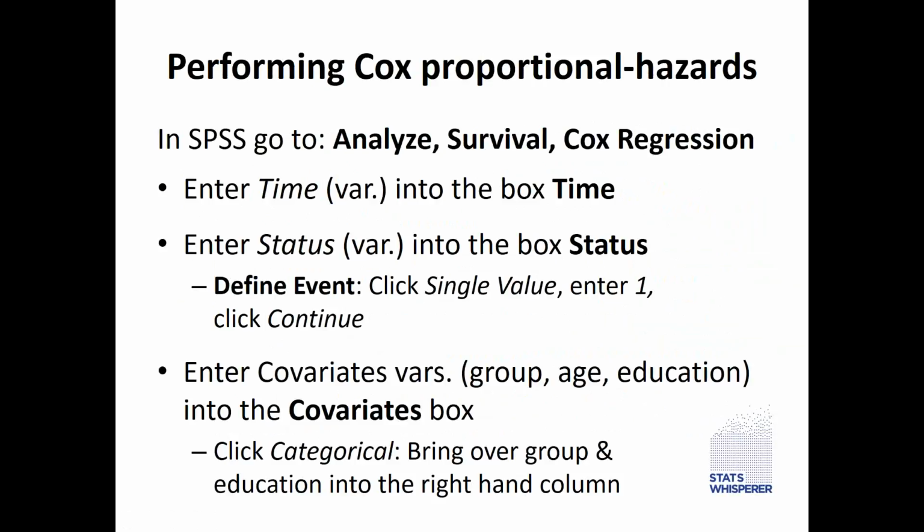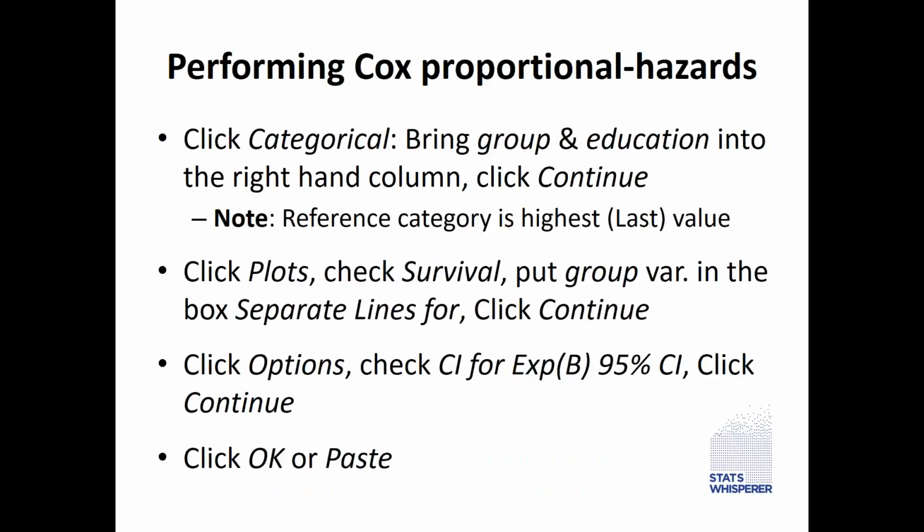So we're going to enter the covariates in the covariates box, right? Then next, we're going to click categorical. There's a categorical box. We're going to specify which variables are categorical and specify the reference group, which is going to be the last group by default. We could change that to the first if we like.